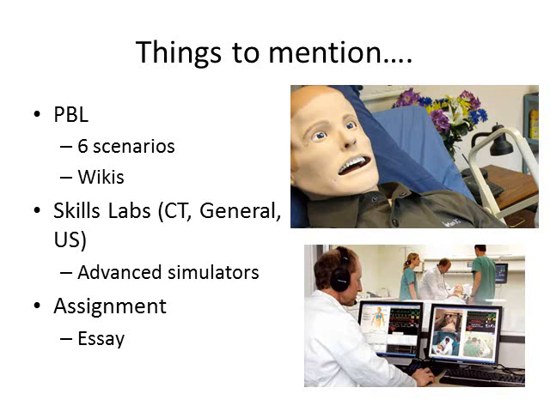I've said a bit about the skills labs. We're going to do CT, general and ultrasound. I do want to mention that we use some advanced simulators in year 2. Now, what do we mean by advanced simulators? They're a little bit like resuscitation dolls. I've put 2 images up. The top image is perhaps the best one to think about. These are very, very advanced: these patients can talk, they can move, they can blink their eyes, they can show problems with their airway, we can feel a pulse, and we can show problems with the pulse if the patient is going to have a cardiac arrest.